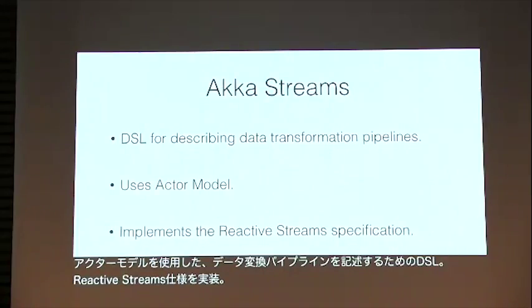It uses the actor model underneath, and it implements the Reactive Streams specification. This specification is a high-level spec for describing stream processing. It has been implemented in various languages. It defines a way and constraints for how reactive streams should behave, and Akka Streams is one of the possible implementations, the reference implementation, I guess.